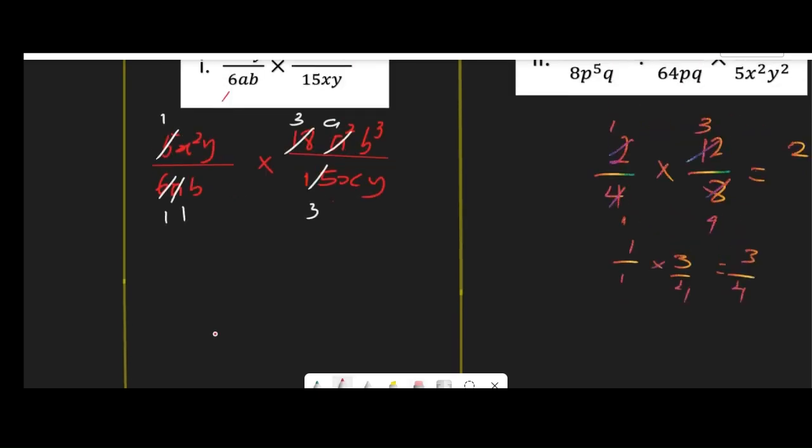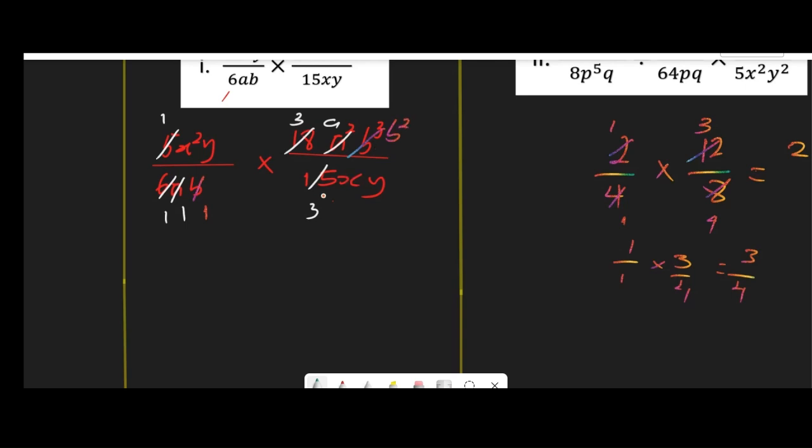So this is what we have. We can still simplify some of the stuff here. We have b and y. Let's simplify b: we have b here and b cubed. b goes into itself one time and into b cubed, b squared.